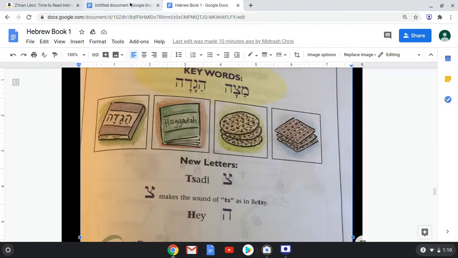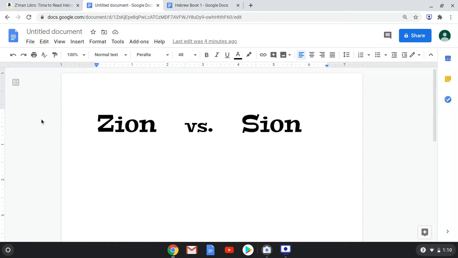I've been told that I say it like a Z when I'm trying to say it. To me, in my mind, I'm saying it correctly, but sometimes it just doesn't come out. And I don't know, like I said, if it's a Southern thing or an American thing. One thing that I have over here, this is a common word. I don't have it in Hebrew up here because there are some letters in the word that we haven't gotten to yet.